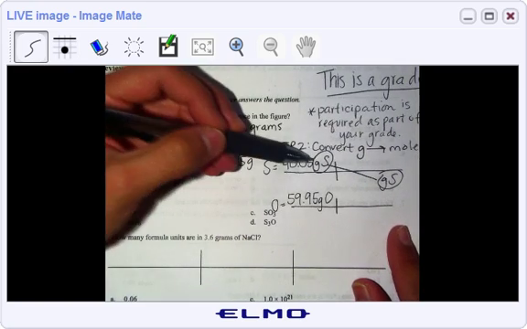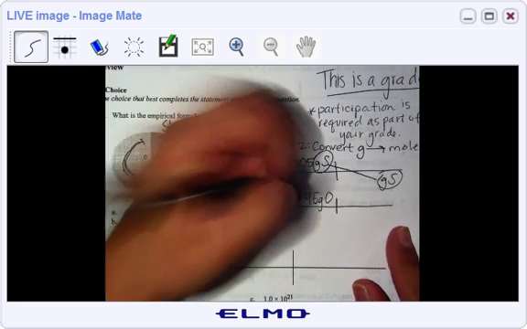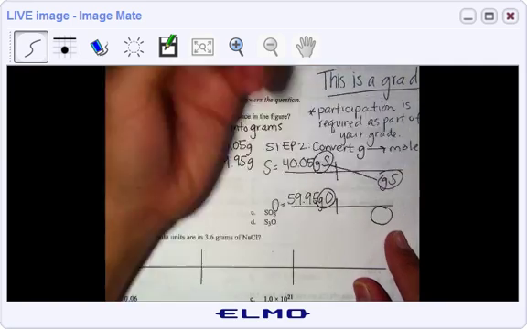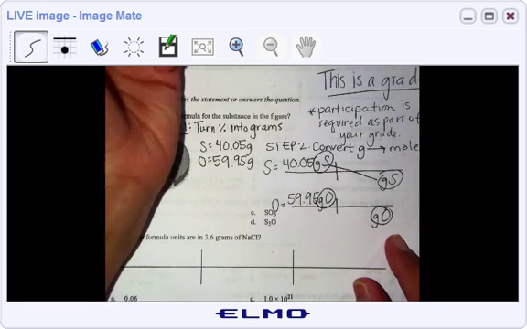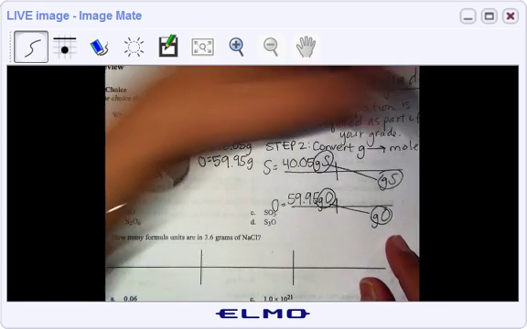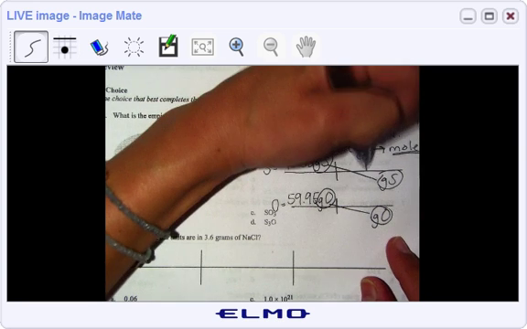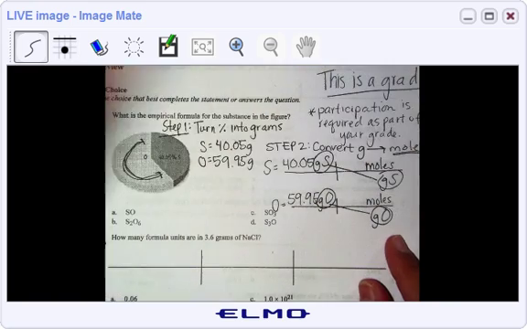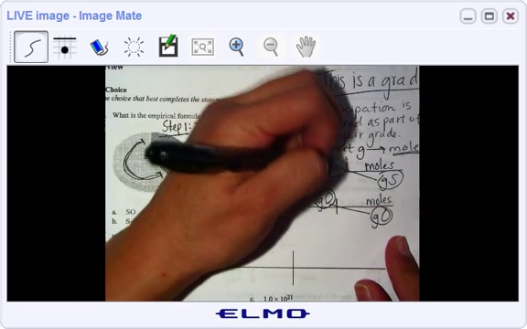Okay, if that says grams, then grams goes here. If grams of oxygen says right here, then what goes right here? Grams of oxygen. They need to match. Whatever I'm looking for, which is moles, will go right here. Whatever you're looking for goes in the top right-hand corner. And you'll always just put a number 1 there for now.